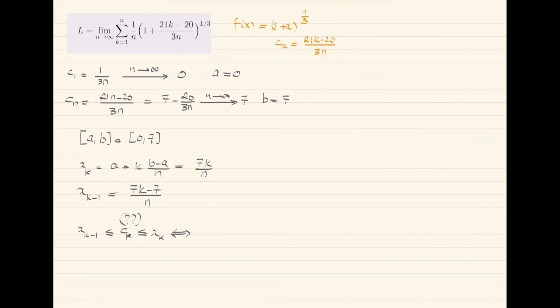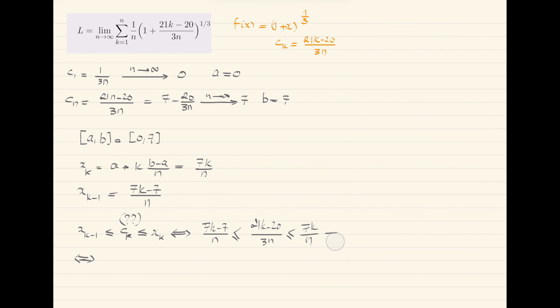So this becomes (7k minus 7) over n, less than or equal to (21k minus 20) over 3n, and less than or equal to x sub k, which is 7k over n. To understand whether this is true or not, let me simplify it equivalently. Let me write here.